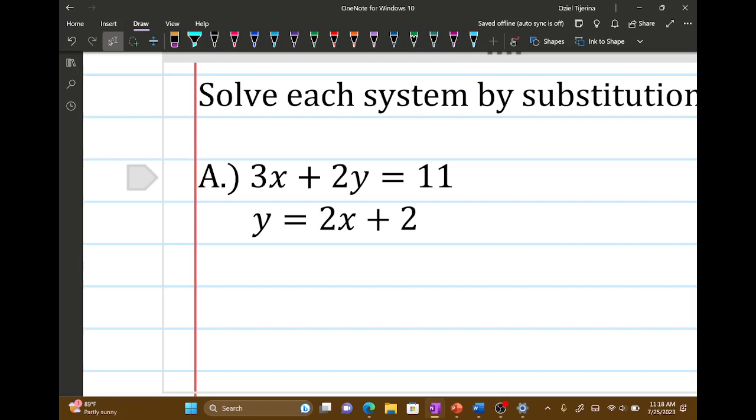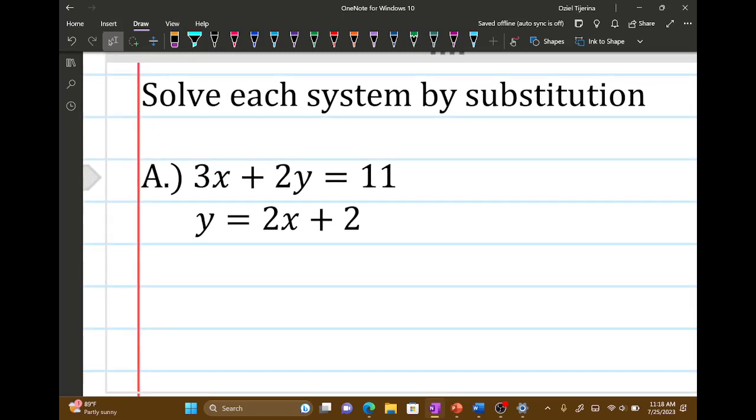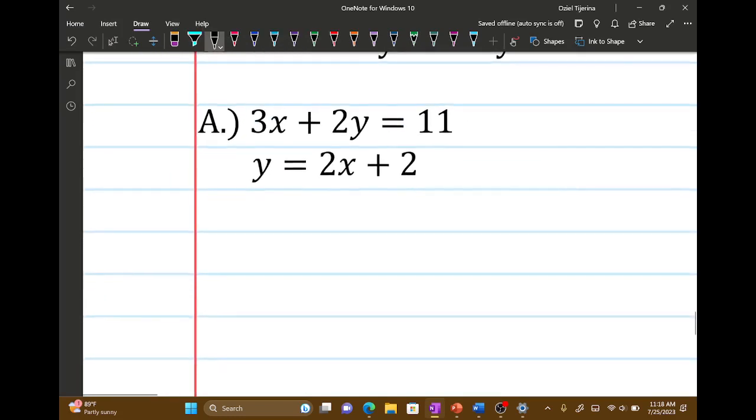So, in this example, part A, we have 3x plus 2y equals 11, and y equals 2x plus 2.